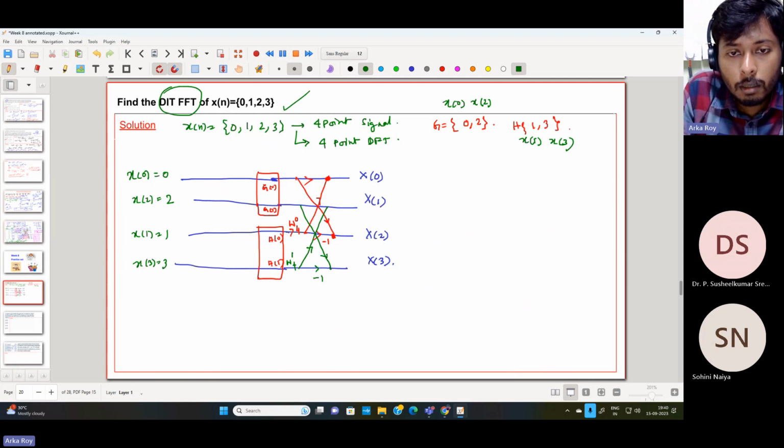So here we have done the 2-point DFTs, each, but we will stop at the butterflies over here.